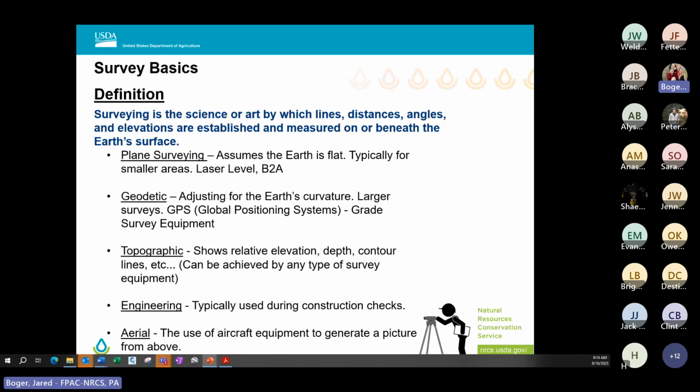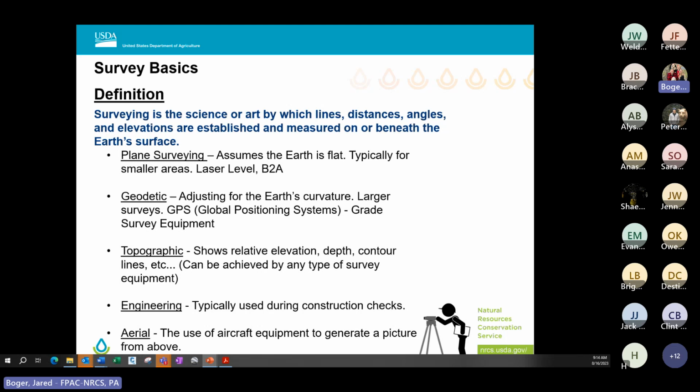Not sure if anybody has any experience with GPS, global positioning systems. It works through satellites, and I won't say quote unquote easier, but it's beneficial and handy, especially when you're doing a fairly large survey.